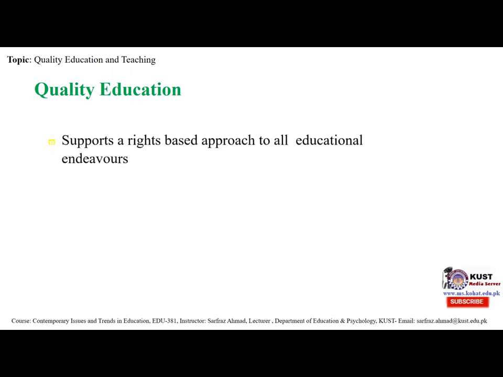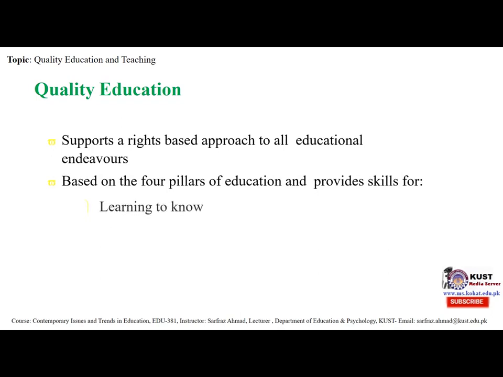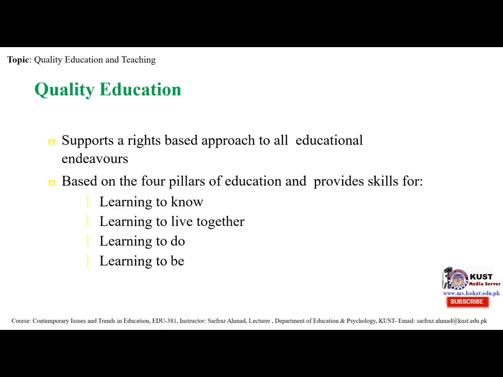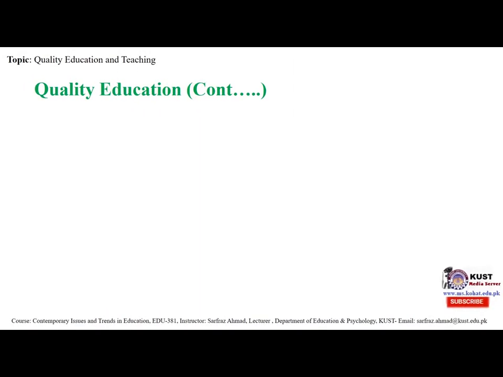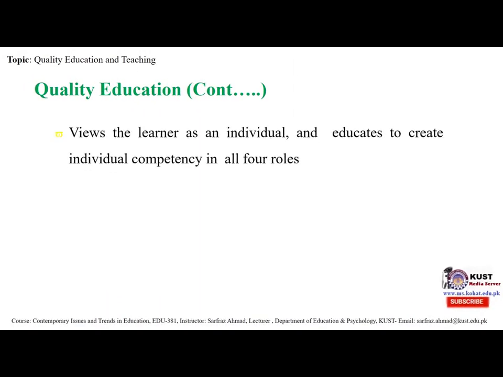Quality education supports a rights-based approach to all educational endeavors and is based on four pillars of education, providing skills for learning to know, learning to live together, learning to do, and learning to be. Moreover, it views learners as individuals and educates to create individual competency in all four roles.